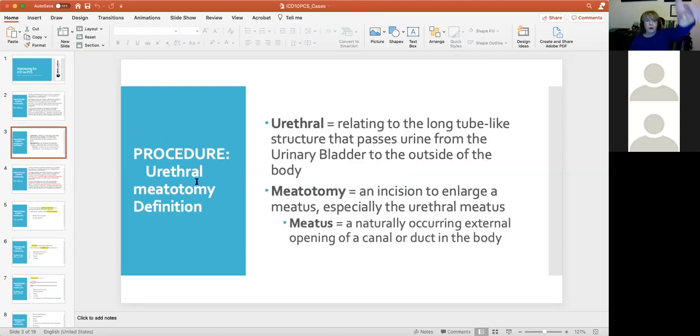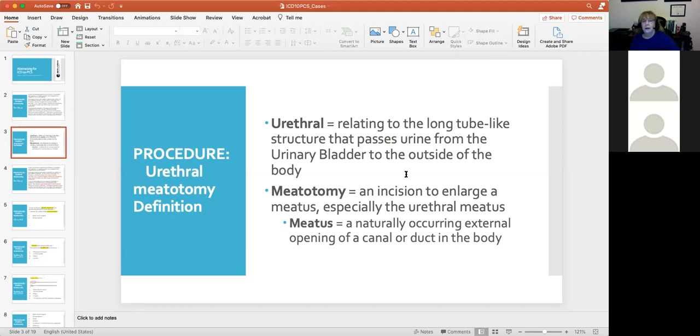Okay, and we're going to go back to where we talked about using our medical dictionary to understand the words. Urethral relates to the long tube-like structure that passes urine from the urinary bladder to the outside of the body.